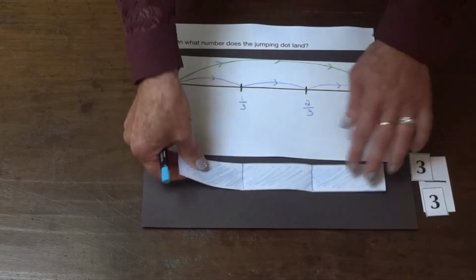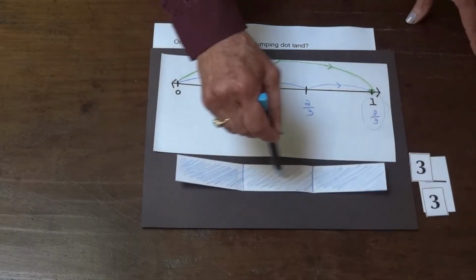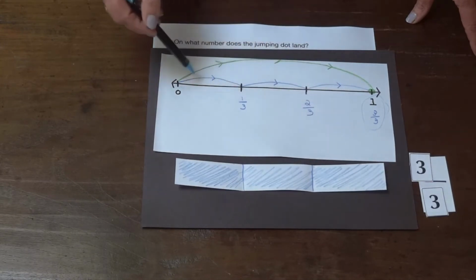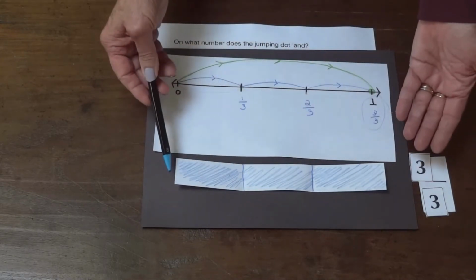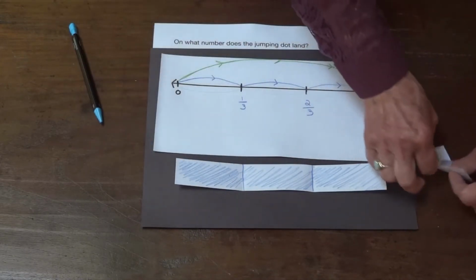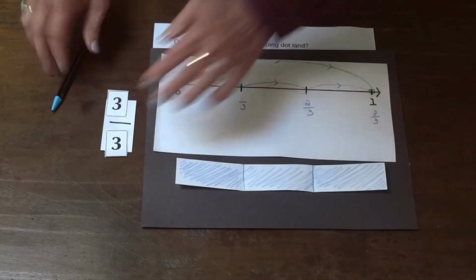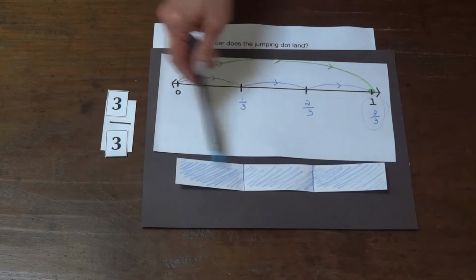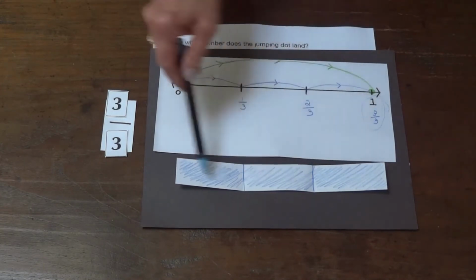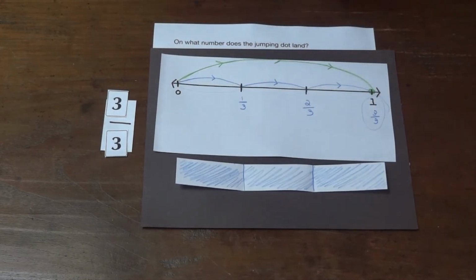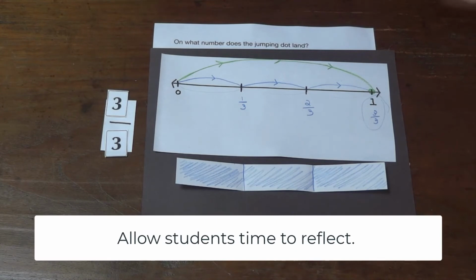So now I have 1, 2, 3/3 shaded in, and it's the whole bar that's shaded in. So the jumping dot lands at 3/3, and I can see that 3/3 is the whole thing, or equal to 1. What do you notice? What else do you want to know?